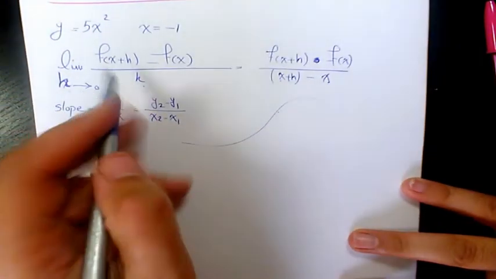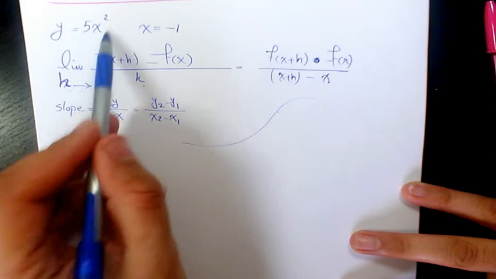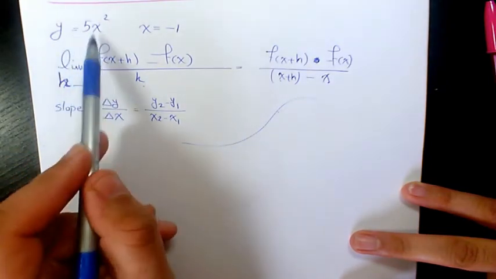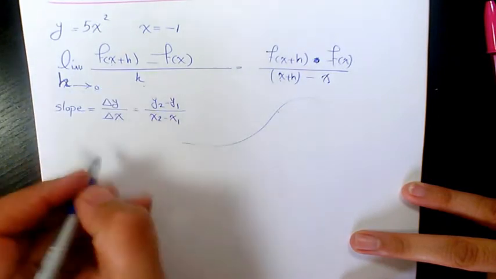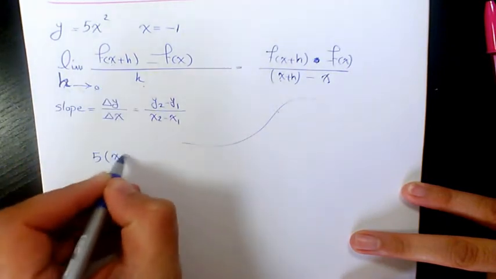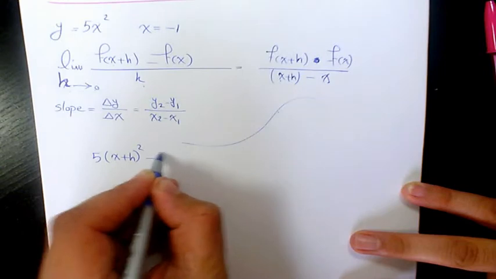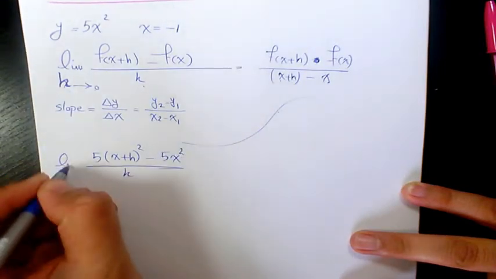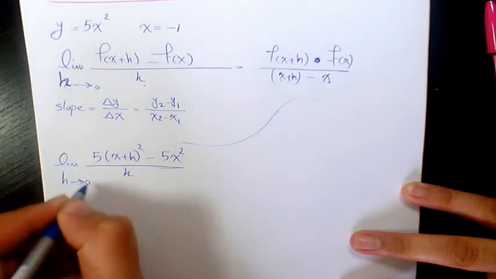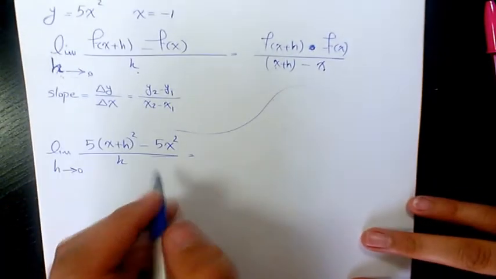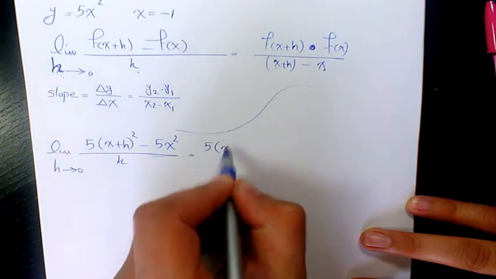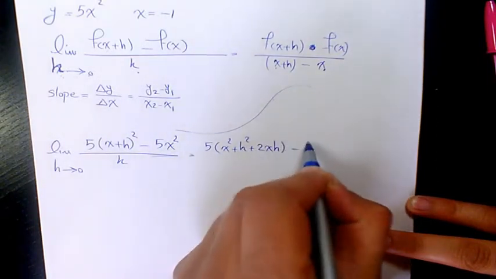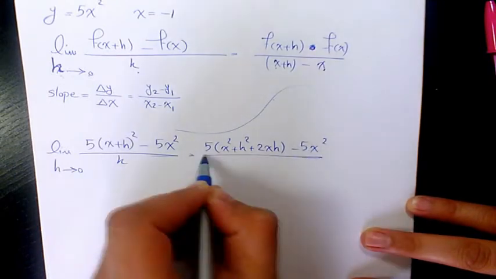So let's go back to the question. It says 5x squared, that's f of x. Instead of x, I need to put x plus h. So it's going to be 5(x plus h) squared minus 5x squared, divided by h, limit when h approaches 0. So it's going to be 5x squared plus h squared plus 2xh minus 5x squared.